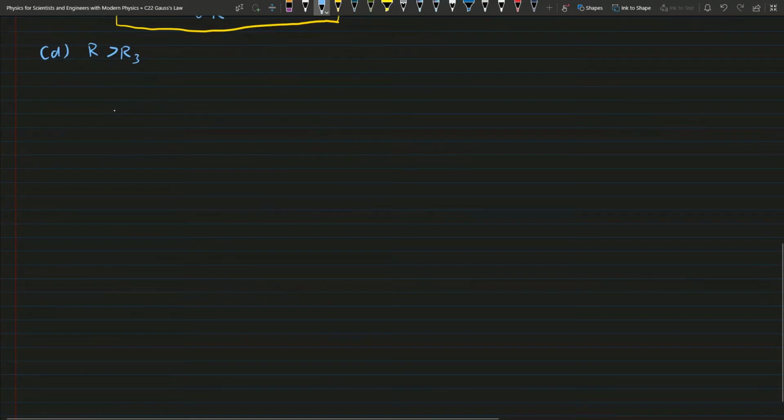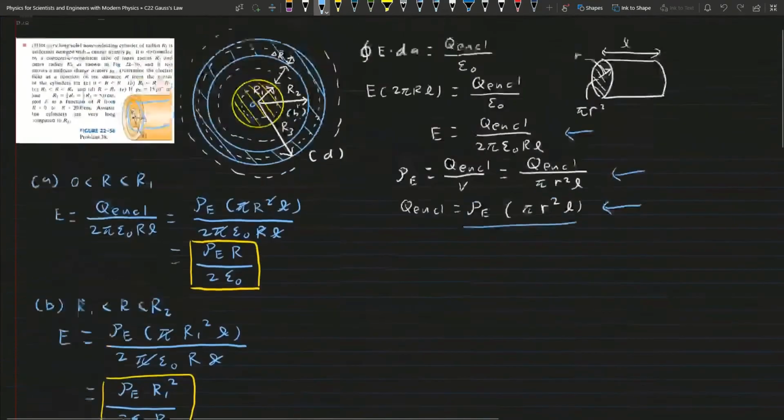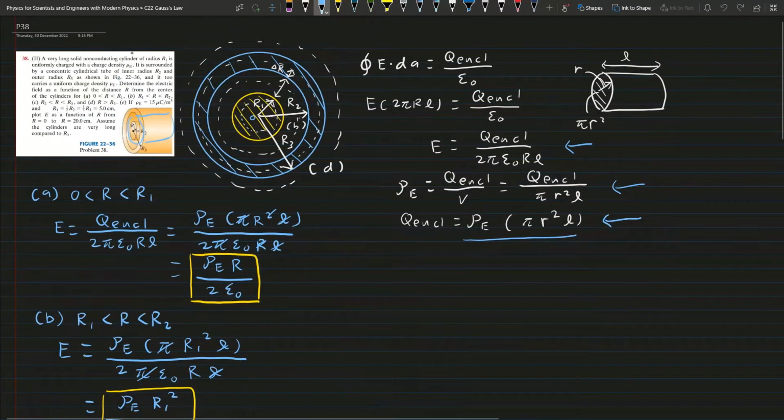In this case, we know the surface will fully enclose the charge from this cylinder and also the concentric cylindrical tube.